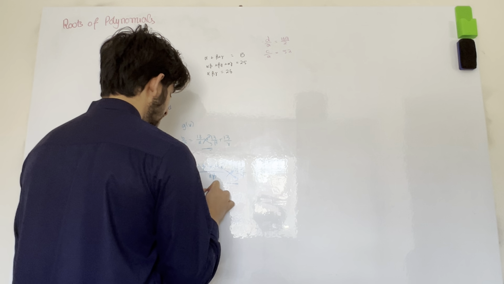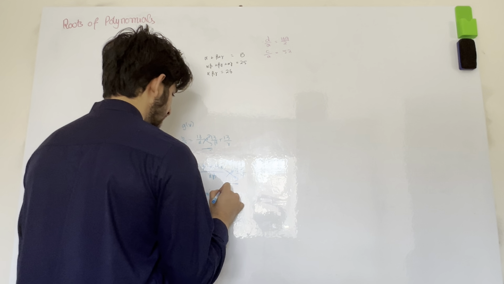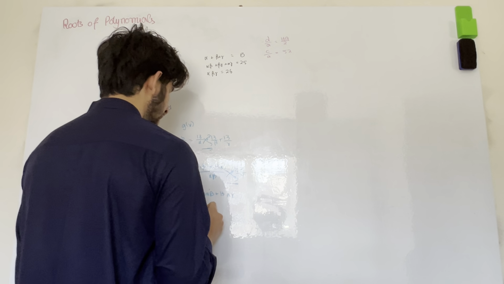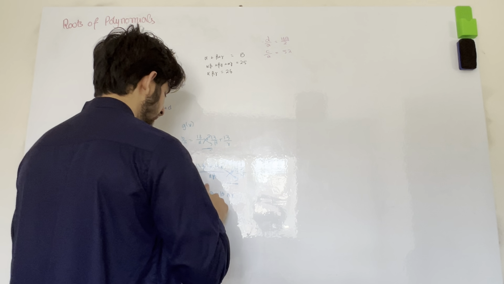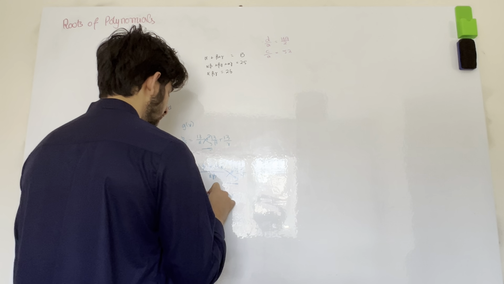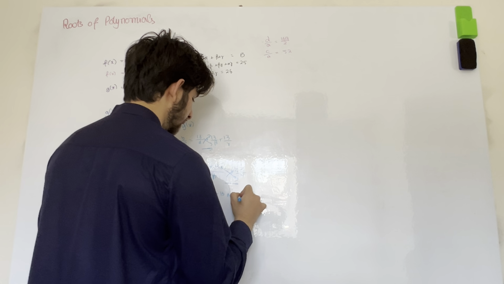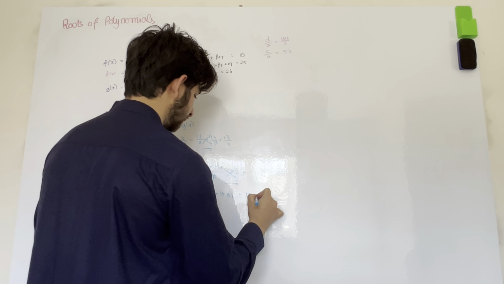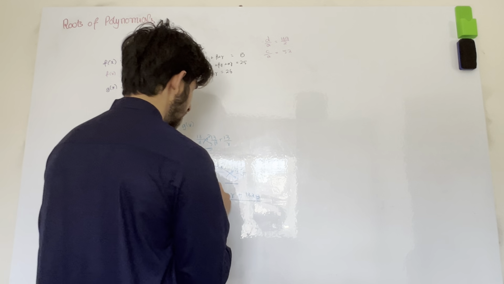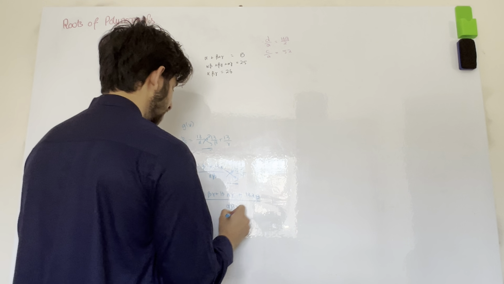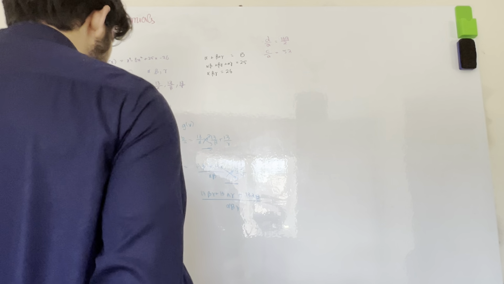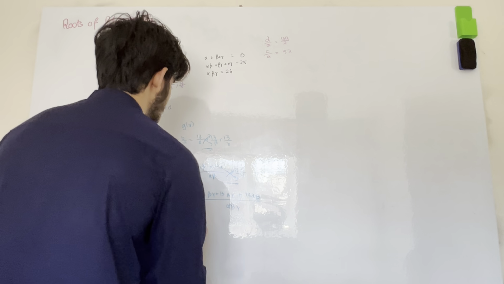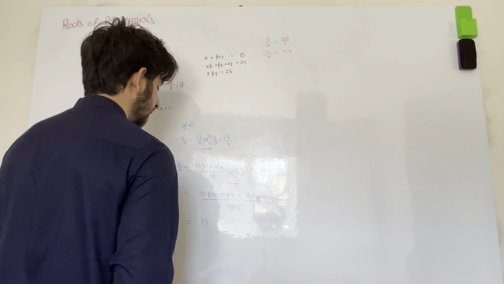So it's going to be 13 alpha beta plus 13 alpha gamma, or rather beta gamma here. And then it's going to be 13 alpha beta multiplied like this. And then this is all going to be over alpha beta gamma. Immediately you can see what you can do with this. You can say 13 can be factorized out.